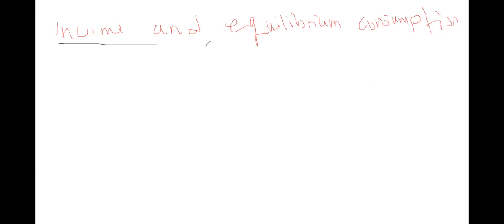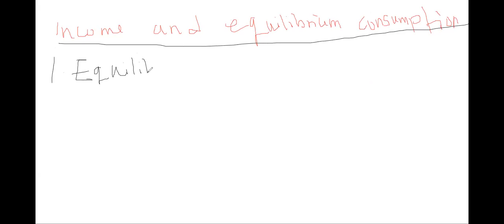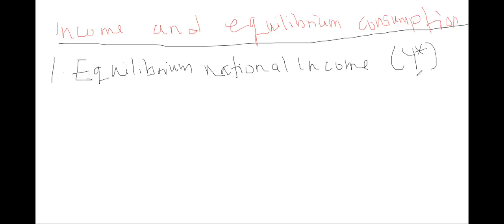And let me break it down for you. First, they ask us to find what? What is the equilibrium national income? So we go step by step. They want us to find this, that is Y star, the equilibrium national income.